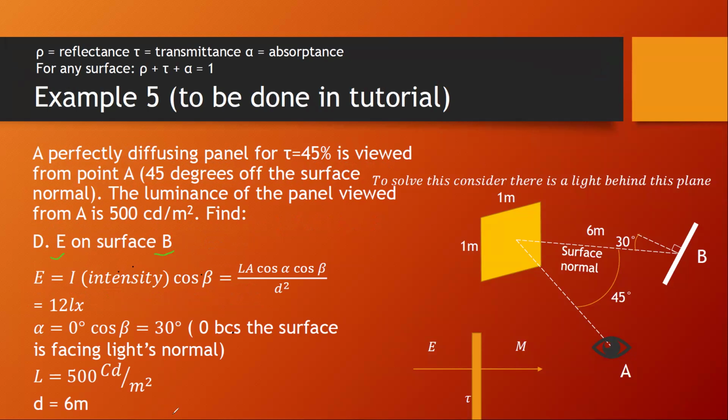If I am the viewer, my eye will be looking at this surface, and I have the normal of the surface. If I am surface B, it's no longer a viewer.